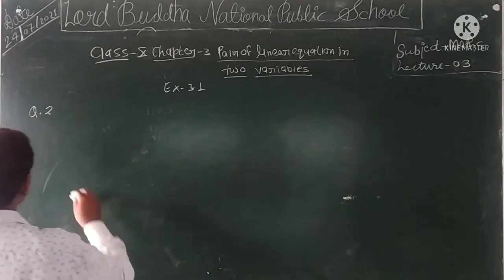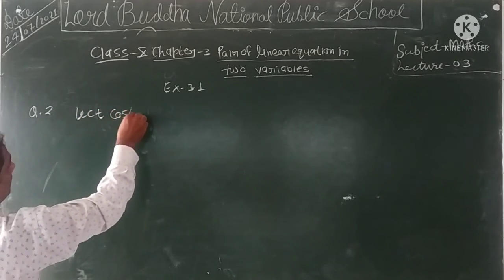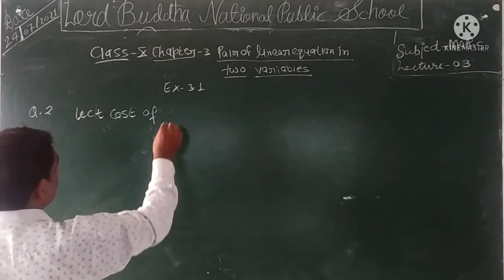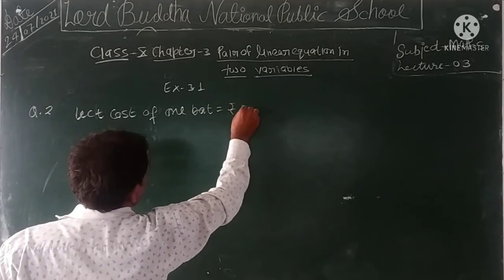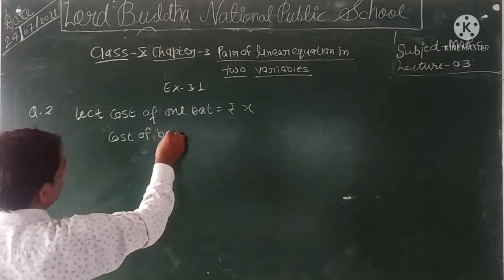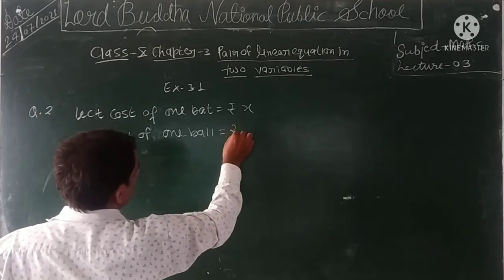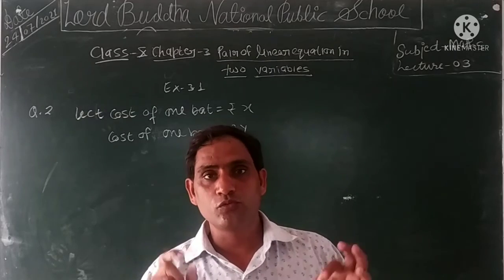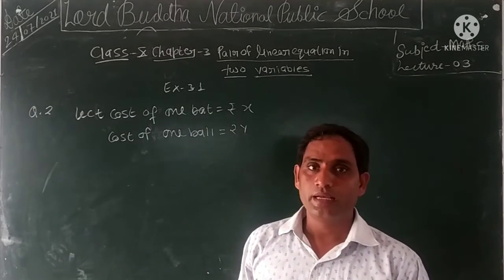Now, let the cost of 1 bat equal to rupees x, and the cost of 1 ball equal to rupees y. After that we apply the first condition and we form the equation.